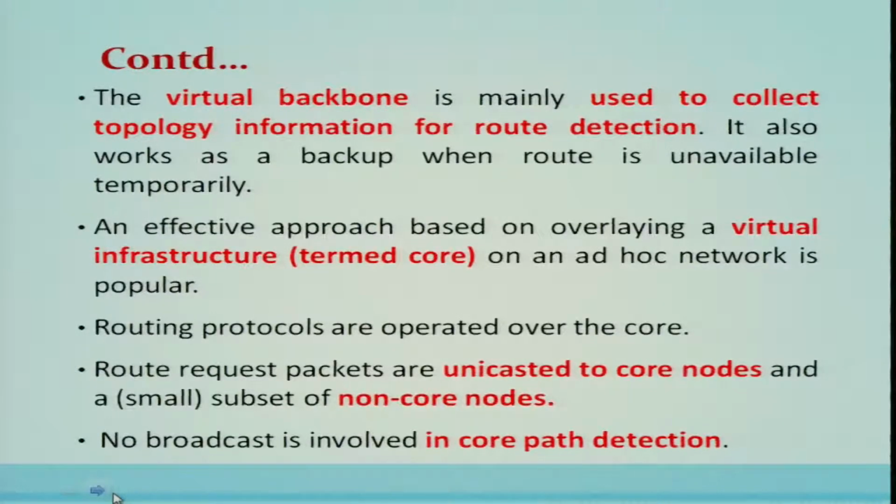An effective approach based on overlaying a virtual infrastructure, which is termed as core, on an ad hoc network is a very popular scheme. Routing protocols are operated over this particular core, which is formed using the virtual backbone. Route request packets are unicasted to a small subset of non-core nodes. No broadcast is involved in the core path detection.